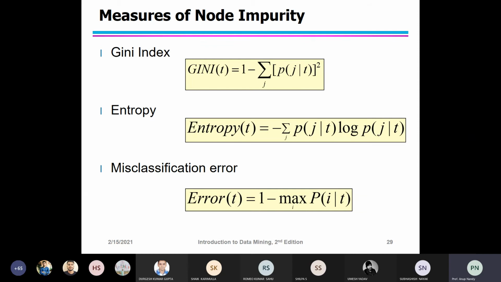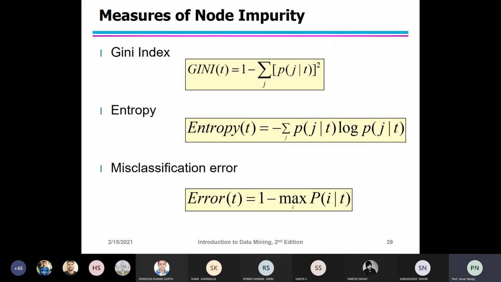Now what is p of i given t? It denotes the fraction of records belonging to class i at a given node t.